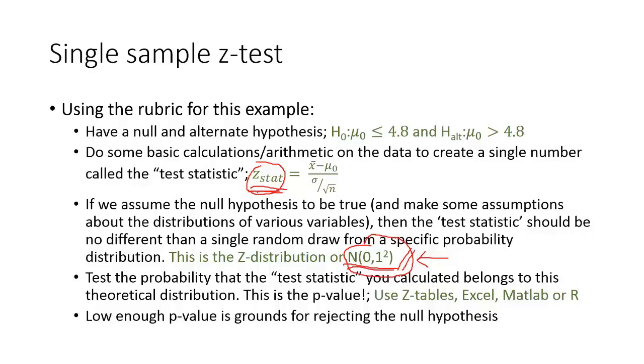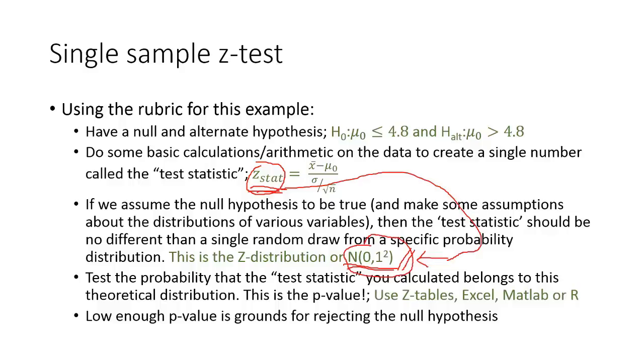The next step is to take the z-stat and plug it into this normal 0, 1 squared and see how extreme this actual number is, given that we know the potential values it can take. For instance, I've already told you it's a normal distribution with mean 0 and standard deviation 1. So from this distribution, if I were to pull a random number, how likely is it that I would see a number like 55?